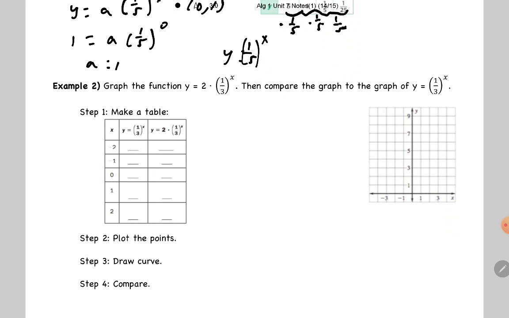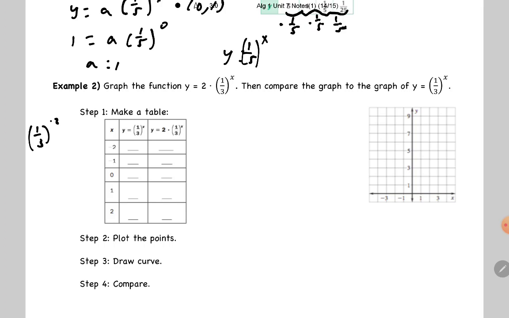So make a table. If we have two graphs, we're going to make a table for both. Let's start off with y equals 1/3 to the x. If I plug in -2, let's see what that looks like. 1/3 to the -2.